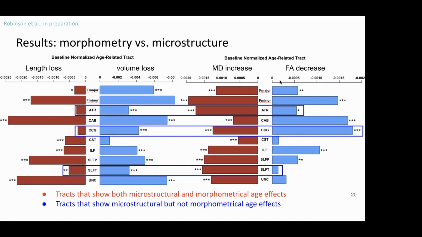But there are also those that demonstrate less length loss, as we mentioned before, a different type of morphometric difference. So tracts that demonstrate mostly volume loss; in other words, they thin more than they shorten. We don't know what stage they are at in terms of the morphometric shrinking, but they are also demonstrating significant microstructural changes.